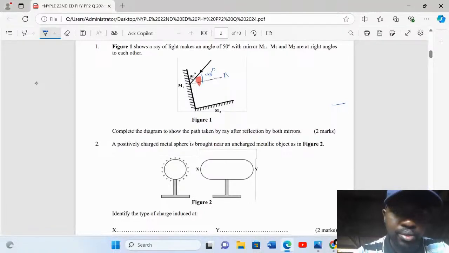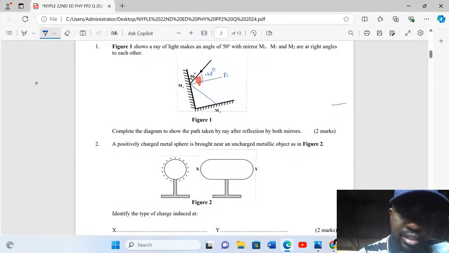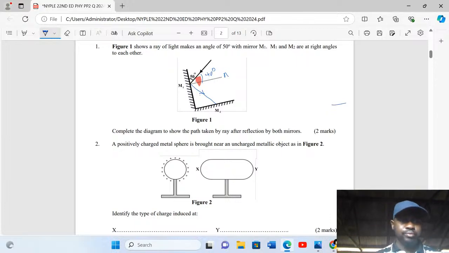Therefore, I'll draw my reflected ray like that. Then I'll indicate that this is the ray direction.